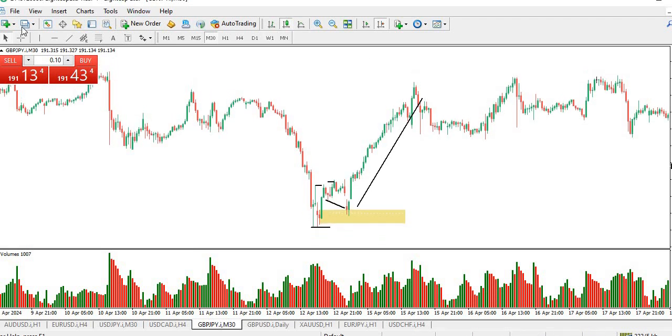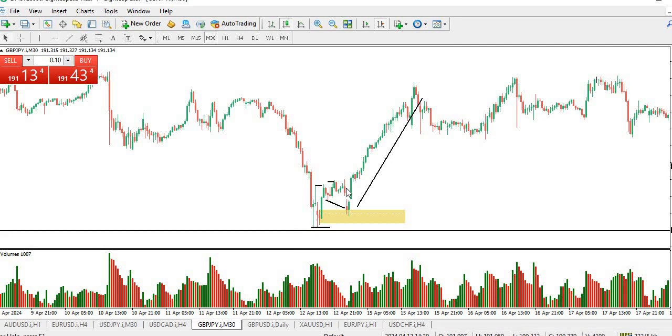At this point, we should have placed our stop loss below the order block, and we should have targeted the next order block, which is this area, too. So it was easily a 1:4 risk to reward ratio trade for us.